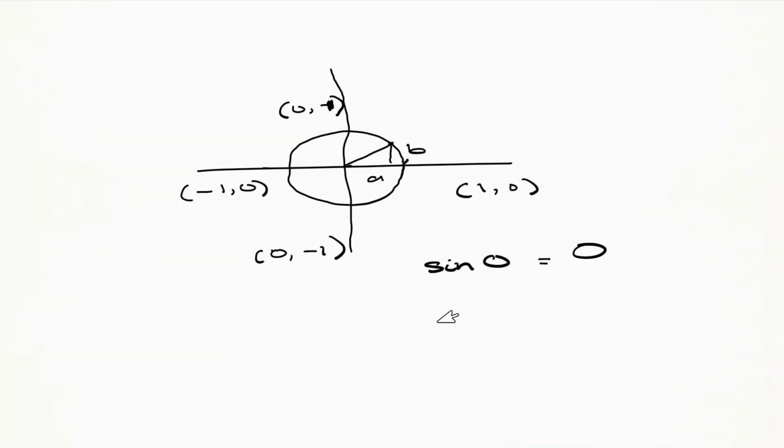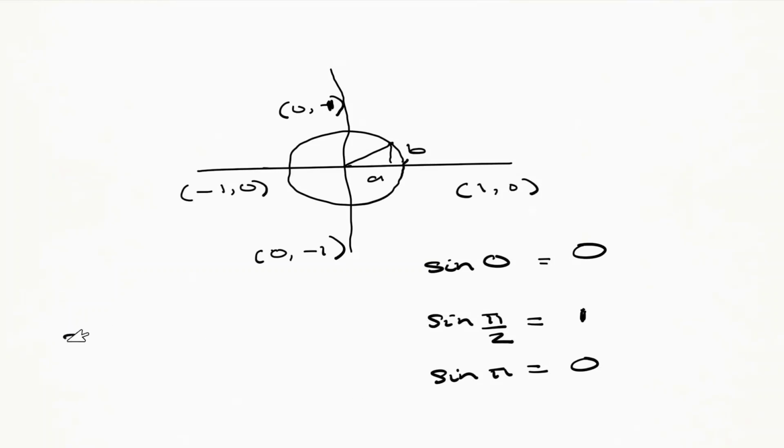So sine of pi on 2, which is 90, is negative 1. Sorry, is 1, right? So the value is 1. The sine of pi here is 0.